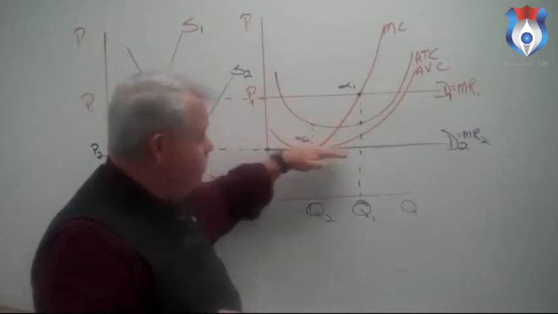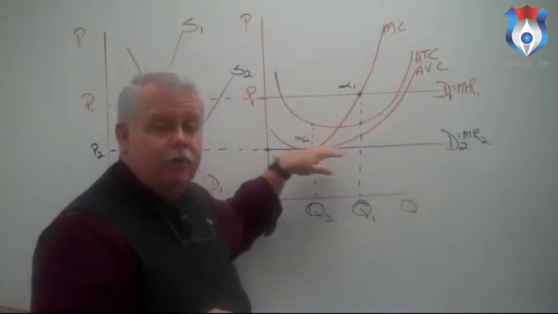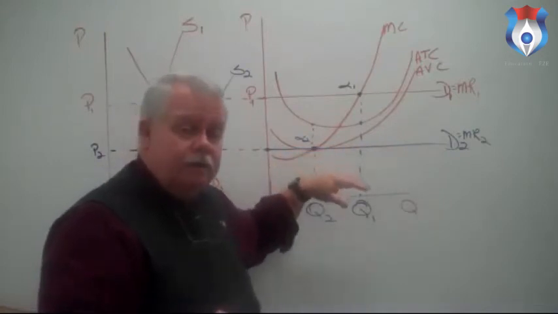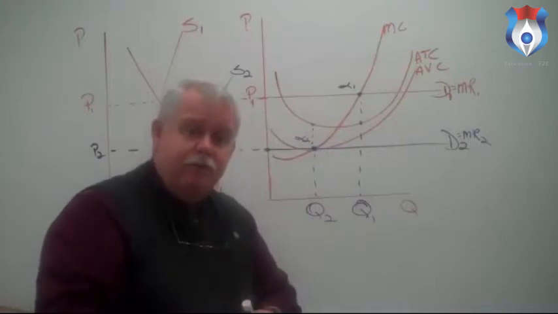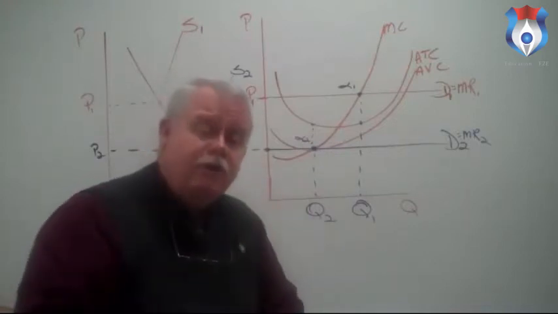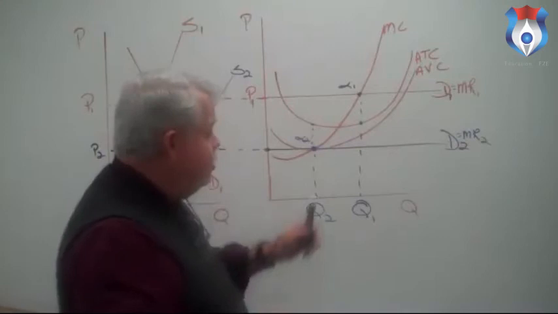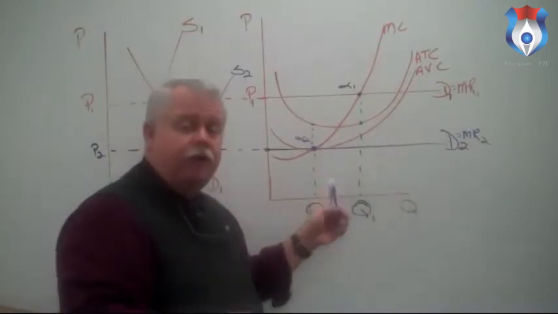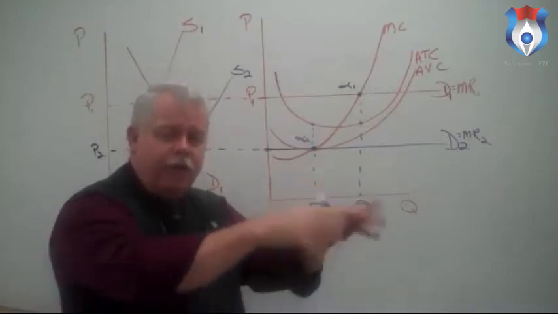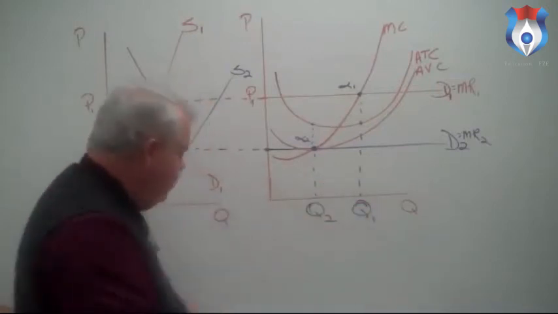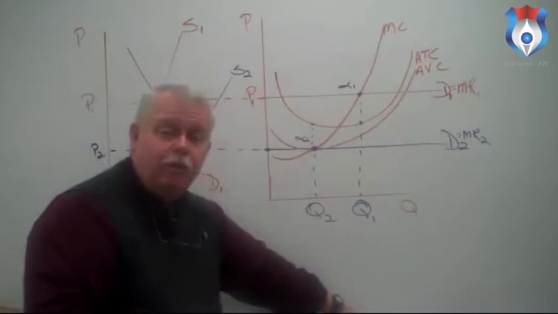And how long can the firm continue to function at this level? It's going to depend on how much money they've got in the bank to continue to fund themselves to keep operating. Eventually, though, if the average company looks like this, some of them and then more of them are going to go out of business. As you have a reduction in the number of sellers, what happens over in the industry curves?